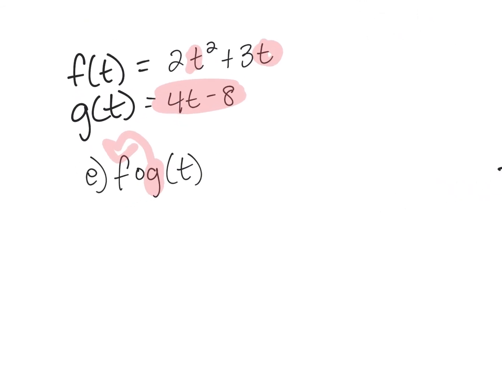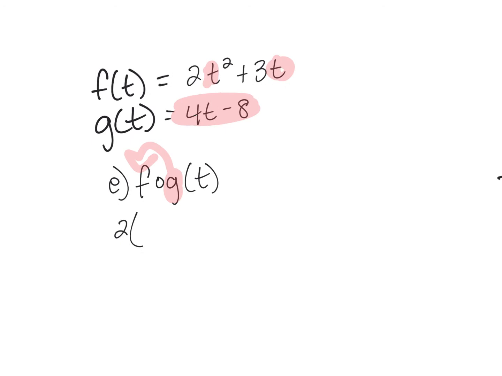I've got 2 times, and then I'm going to plug in that whole g thing, so 4t minus 8, and that t is being squared, and then plus 3 times the g of t again, so 4t minus 8.